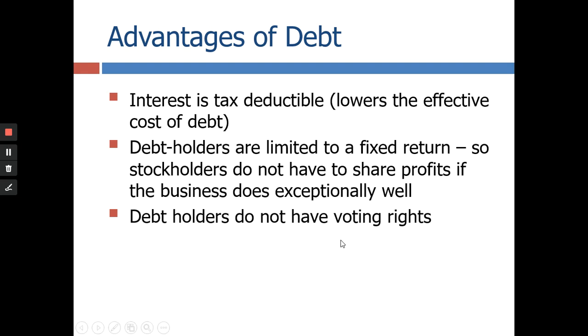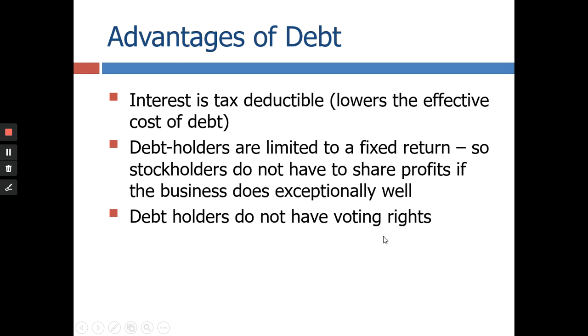If they don't like the board of directors, they can terminate and hire a new board of directors. That means the board of directors who run the company is obviously controlled by the shareholders. Debt holders have no right against the control of the board of directors.